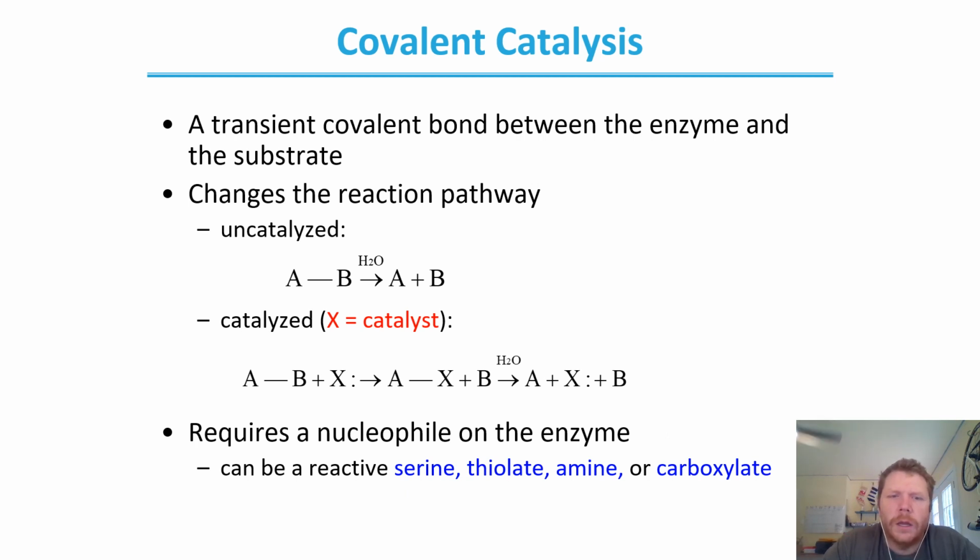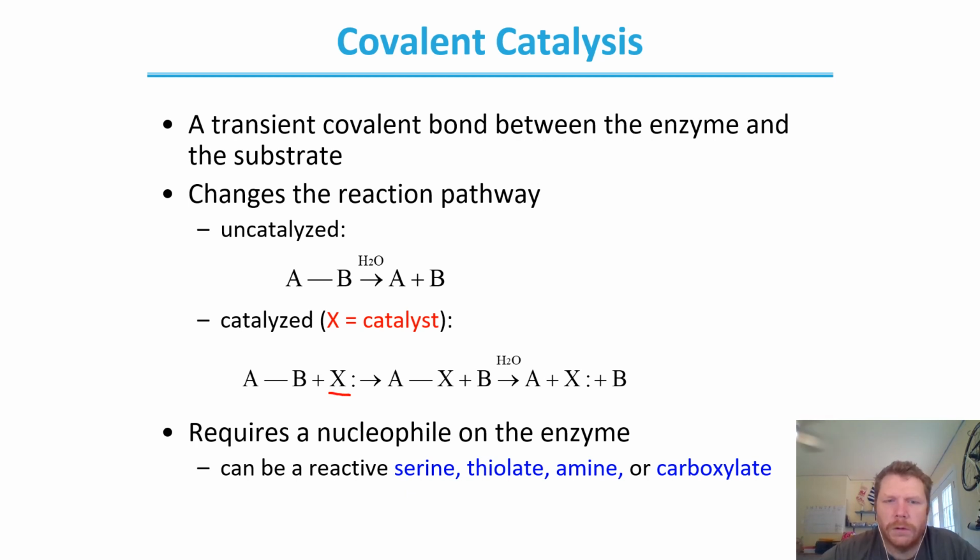Okay, in a catalyzed reaction, X is going to exist as your catalyst, and in this case would be a biological catalyst. We have our same starter molecule, A, B, which are bound to one another.